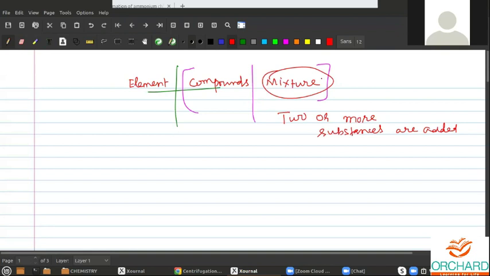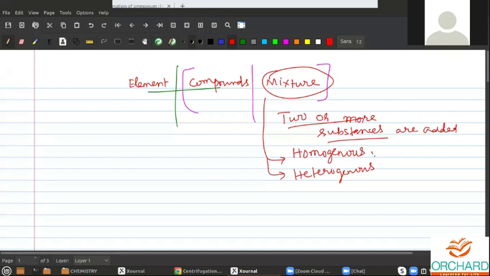Whether the mixture is homogeneous, further type of mixture is called homogeneous and heterogeneous. So two or more substances or elements, when they are mixed, it is called a mixture. That mixture is further classified as homogeneous and heterogeneous.